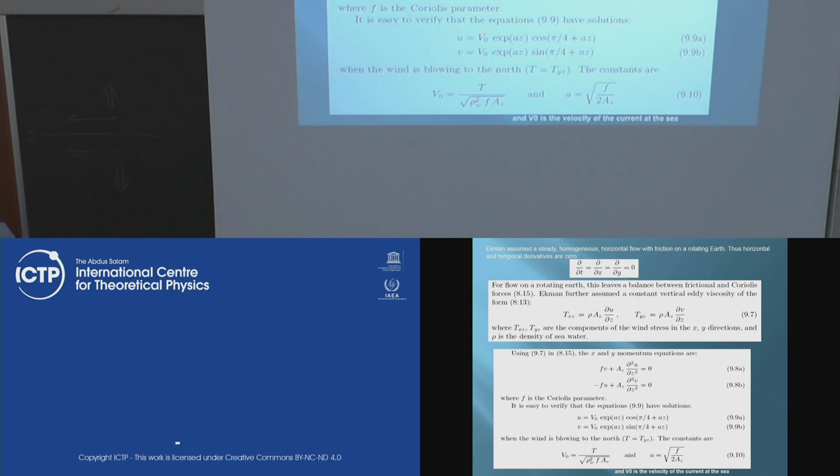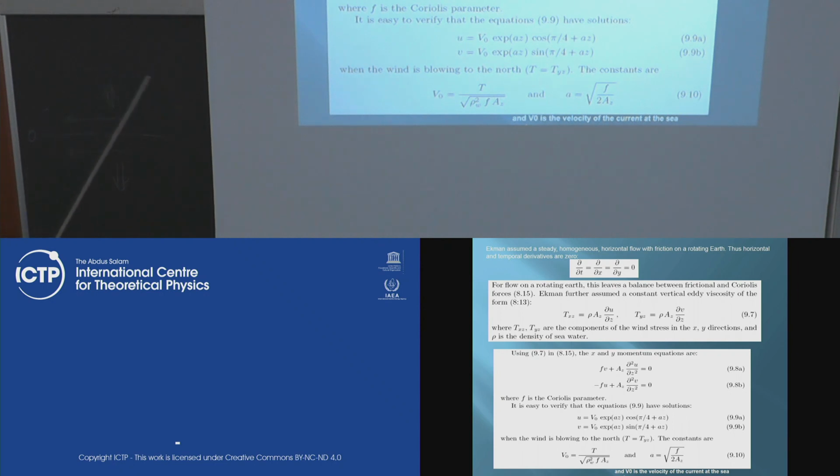With respect to geostrophy, the steadiness is present here as well as in geostrophy. We have the Coriolis force as well as in geostrophy. The only difference is in this term here, which is the vertical eddy viscosity. So it's the viscosity of the water column.